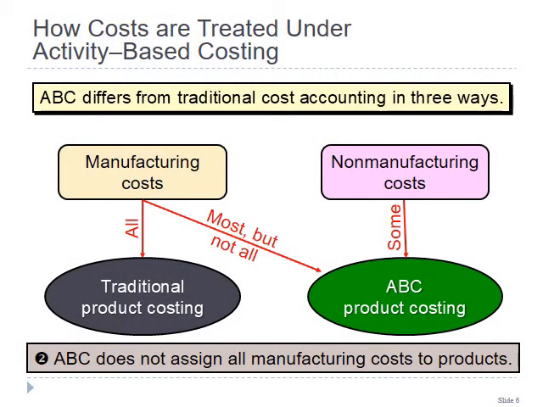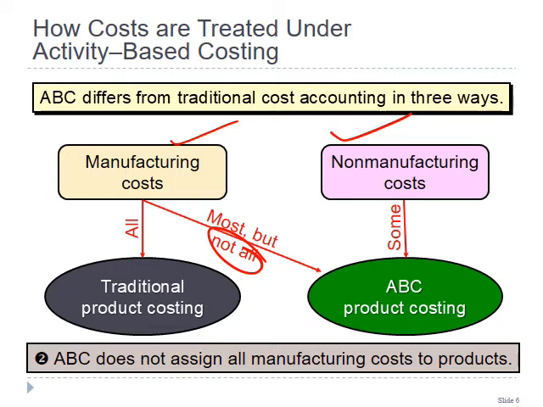The second major difference between ABC and traditional costing is that some manufacturing cost may be excluded from product cost, right? Why is that? This is because ABC only assigns a cost to a product if decisions concerning that product will cause changes in the cost, the same cause and effect method.